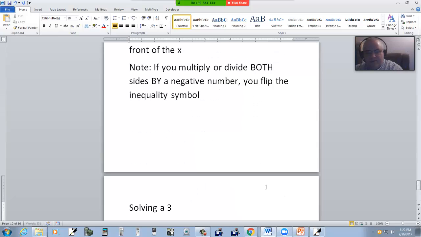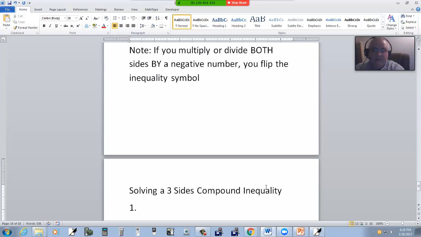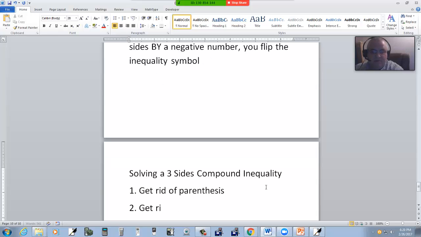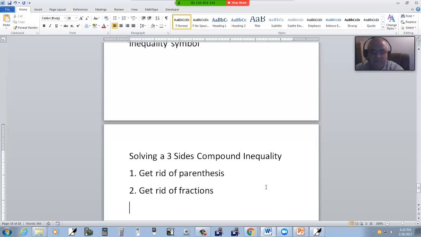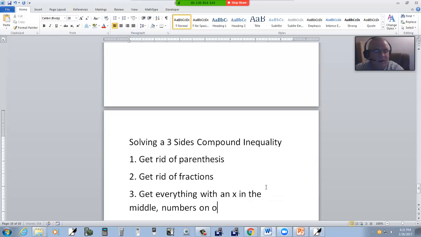So solving a 3-sided compound inequality. Step 1, get rid of parentheses. Step 2, get rid of fractions. We still get rid of those the same way as before. Step 3, get everything with an x in the middle, numbers on the other two sides.